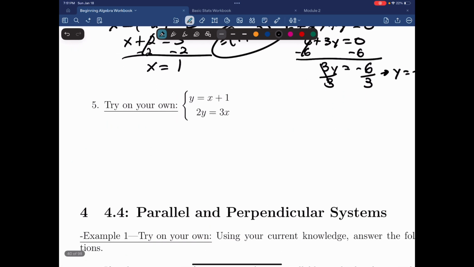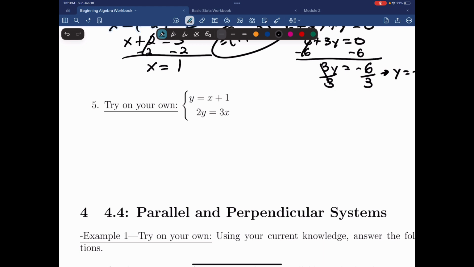Alrighty, so for this last example, I encourage you to pause the video and try this system on your own. And assuming you have given it a go, let's work through it together. So we have y equals x plus 1 and 2y equals 3x.